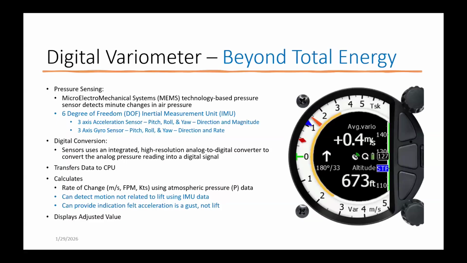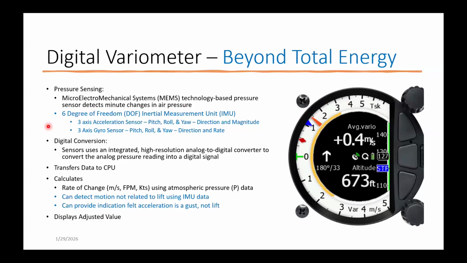So if there's a horizontal gust, you feel the turbulence and the variometer responds, because it changed the airflow over the total energy probe, but it's not really lift, it's just a perturbation in the atmosphere. So since we've got an embedded computer in our digital variometer, how about we take advantage of it by adding some additional hardware?